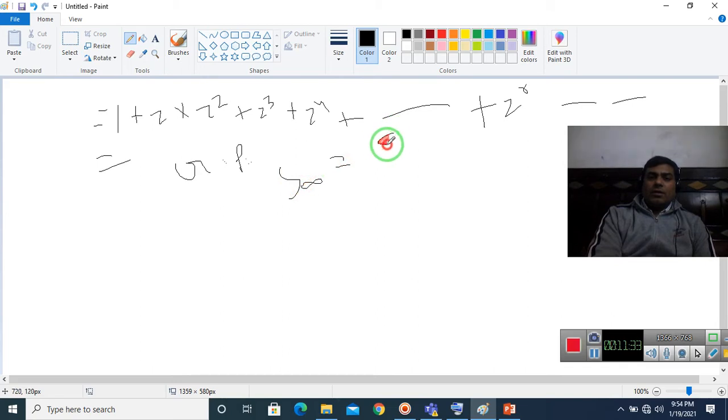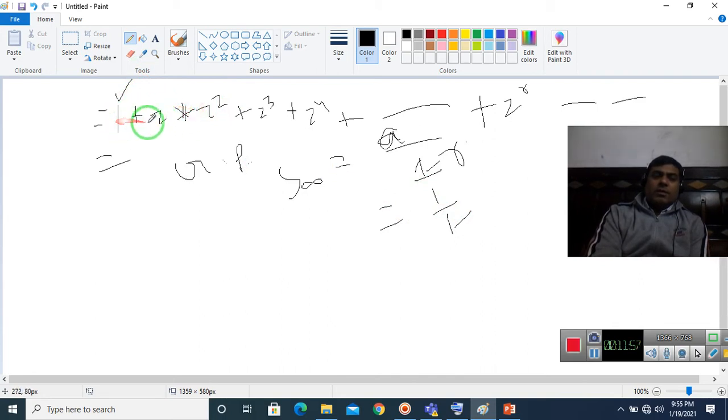We know that a upon 1 minus r, where a is the first term. So the first term of this series is 1. r is the common ratio, that is the second term divided by the first term, third term divided by the second term, or fourth term divided by the third term. So it becomes z.